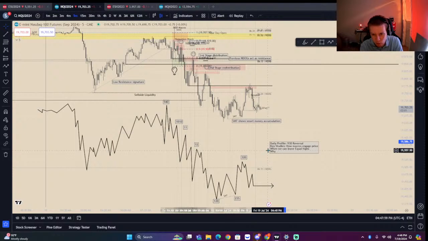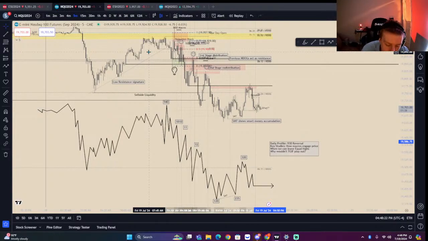Why wouldn't TJIF play out? Like technically this is TJIF. Like we're tracing back inside the weekly range. So I don't know. DRT levels.